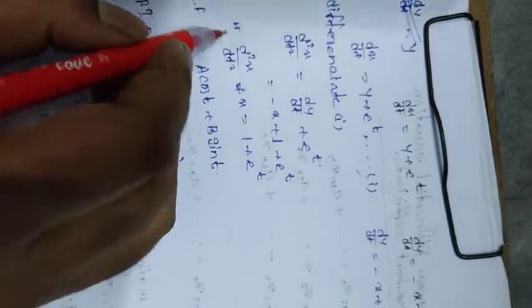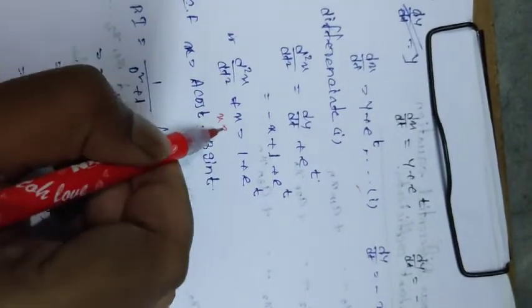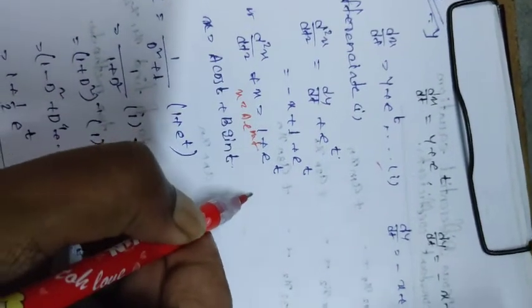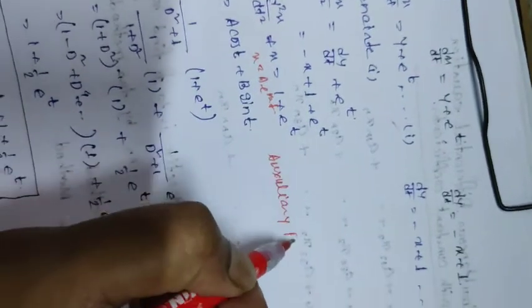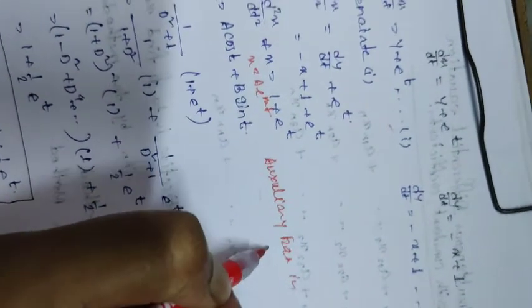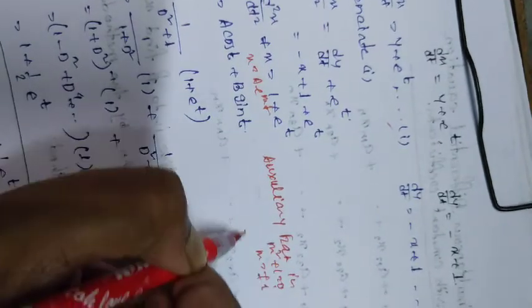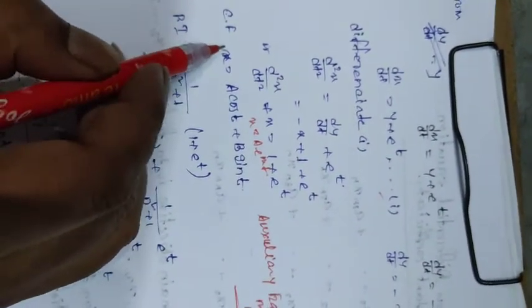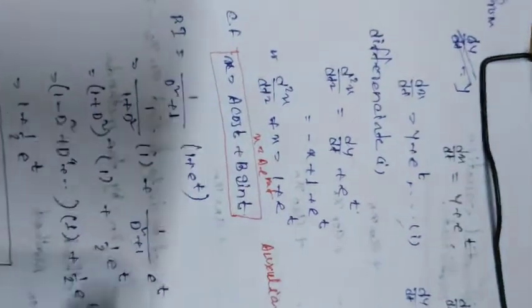See here that in d2x/dt2 plus x, if we take x is equal to a e to the power mt as the trial solution, then the auxiliary equation is m square plus 1, or m is equal to plus minus i. So roots are purely imaginary. So the complementary function of x, CF x, is equal to a cos t plus b sin t.